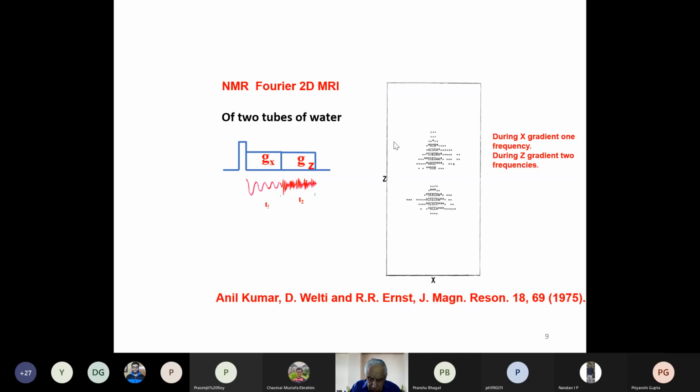Therefore, when the two-dimensional spectrum is displayed, it identifies these two tubes of water which are displaced. This was the first Fourier imaging experiment of MRI.